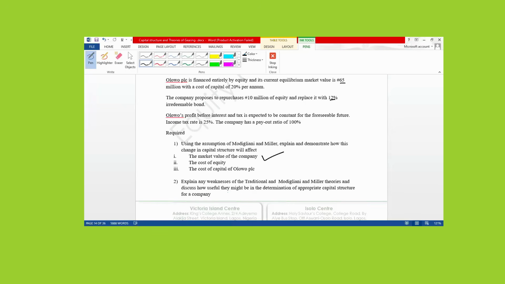Then, what are the limitations of this theory? Any opinion? Hello, sir. Yes, Mr. Adekunle.